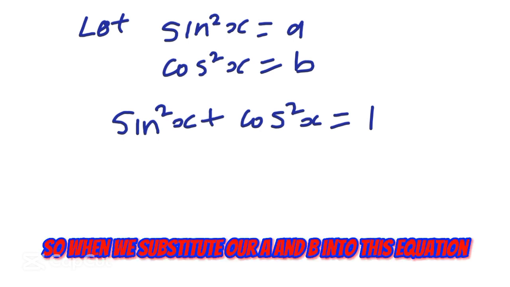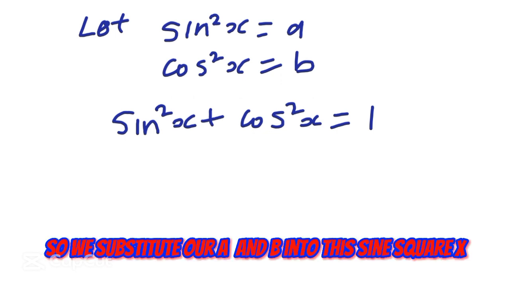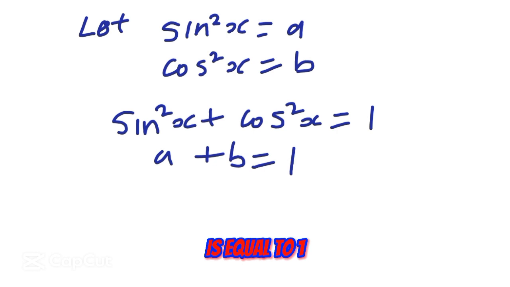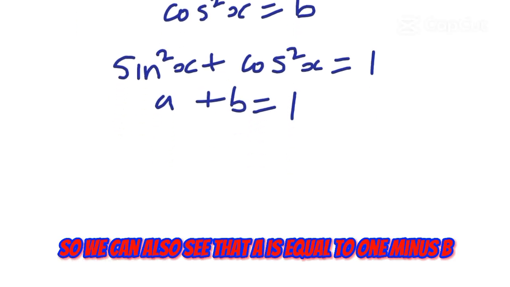So when we substitute our a and b into this sine square x and cos square x, we'll be left with a plus b is equal to 1. So we can also see that our a is equal to 1 minus b.